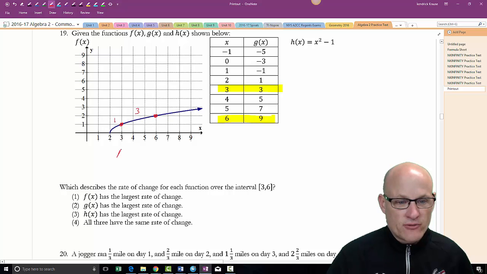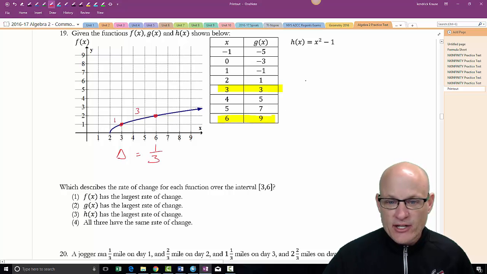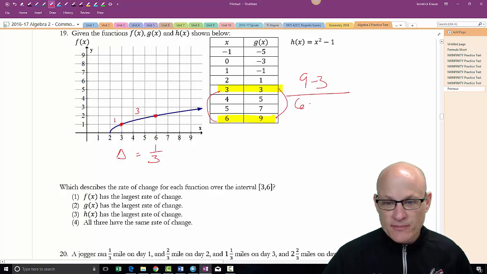So the rate of change for this one is 1/3. The rate of change for this one is a little bit difficult. I have to do 9 minus 3, the change in y's, over the change in x's, 6 minus 3. This gives me 6 over 3, which is 2.